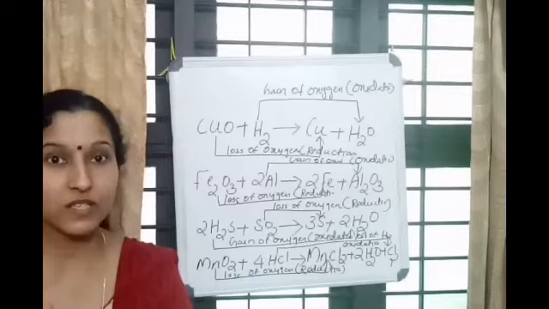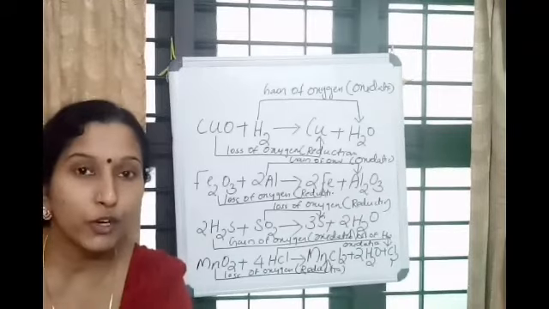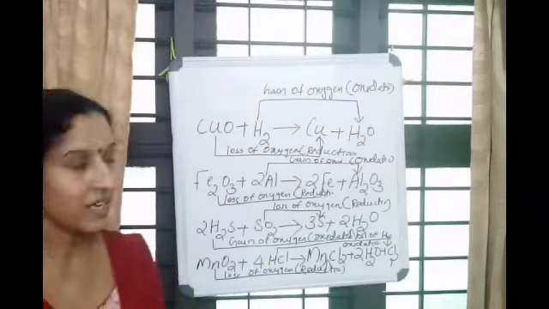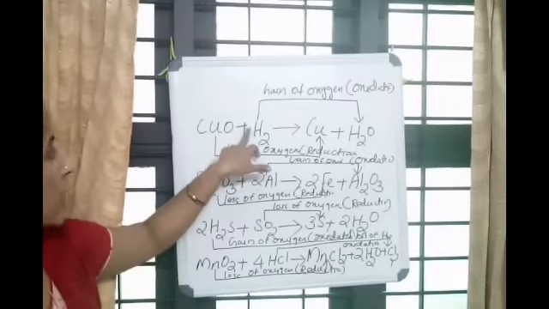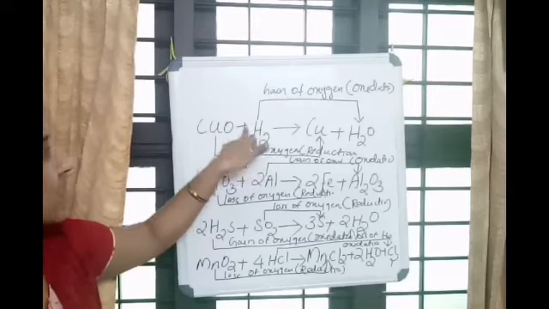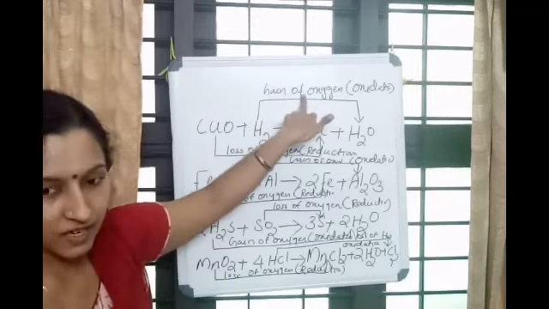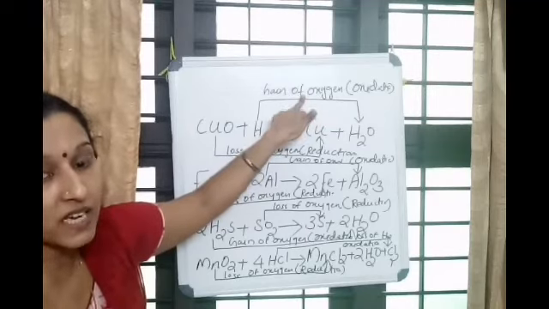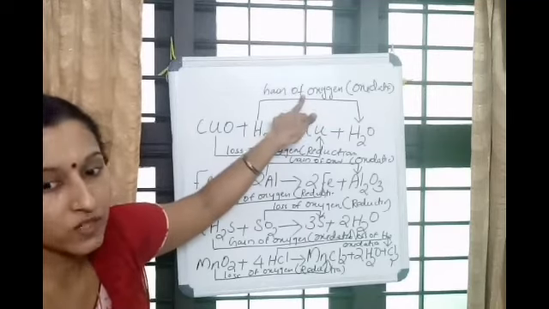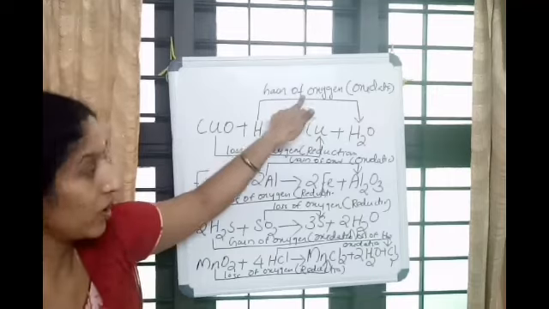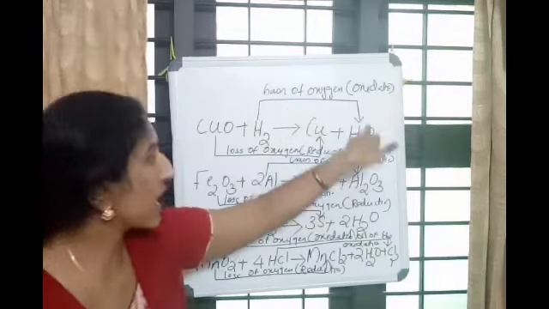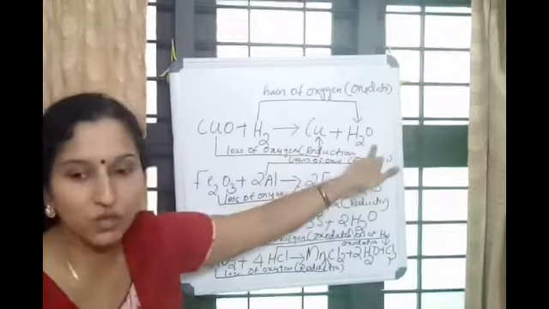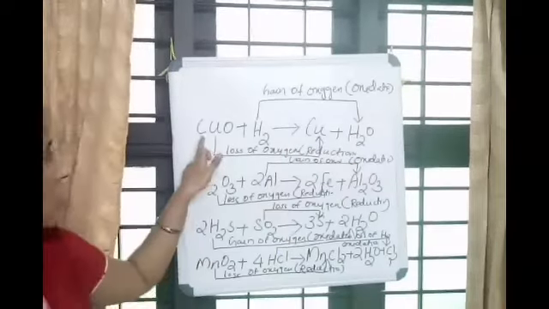If a substance loses its oxygen during the reaction, it is said to be reduced. Just look here. What happens to the hydrogen? Hydrogen gains oxygen. That means hydrogen oxidizes to water.